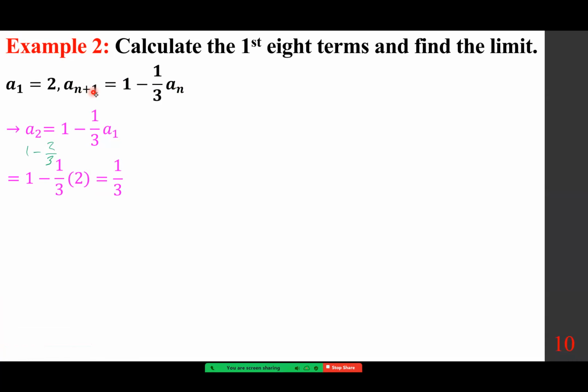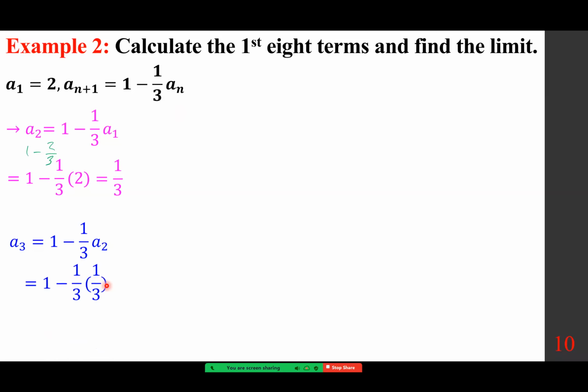The formula for a sub 3 is 1 minus 1/3 a sub 2. Now replace the a sub 2 with 1/3.